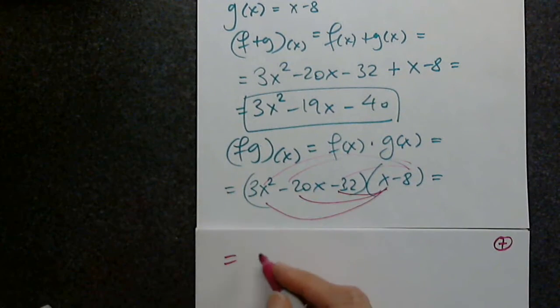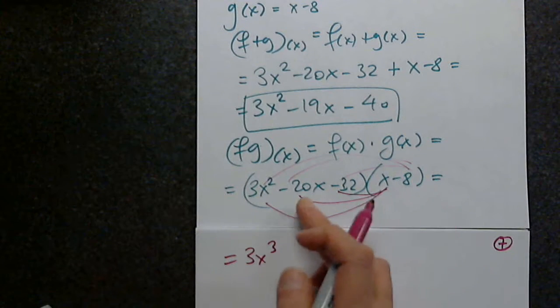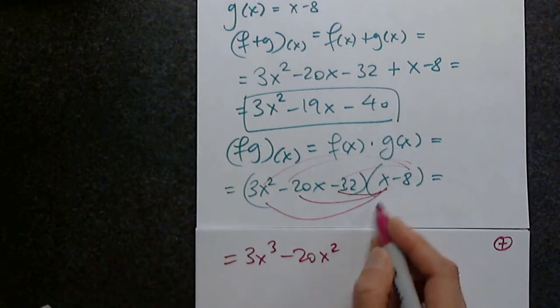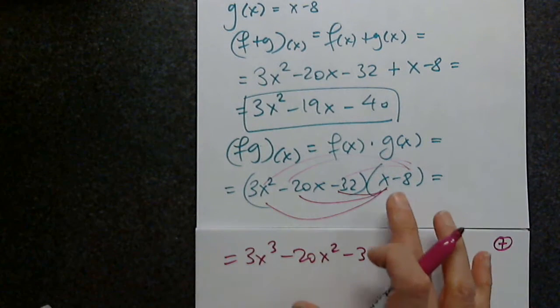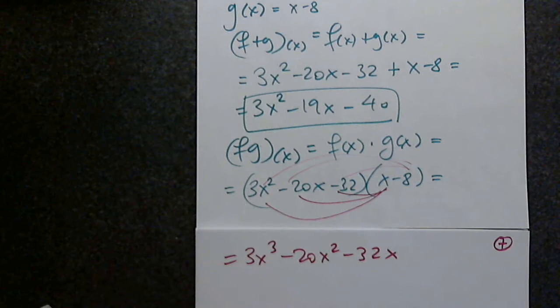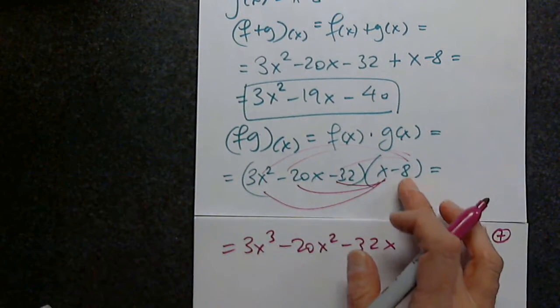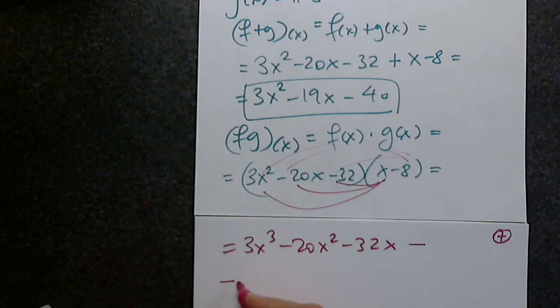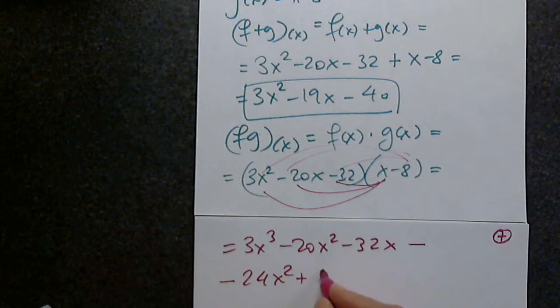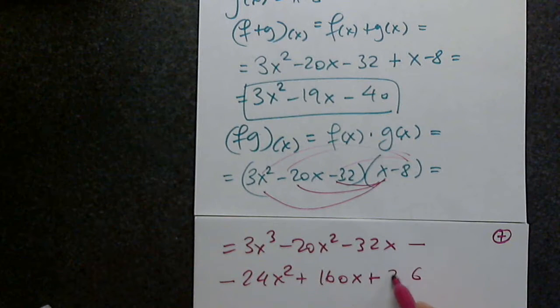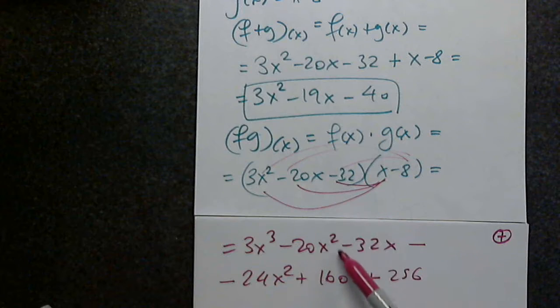So x times 3x squared is 3x cubed. X times this is negative 20x squared minus 32x. So I distributed x to these three terms. Now I have to distribute negative 8. So minus 24x squared plus 160x and plus 256. I think I'm correct.